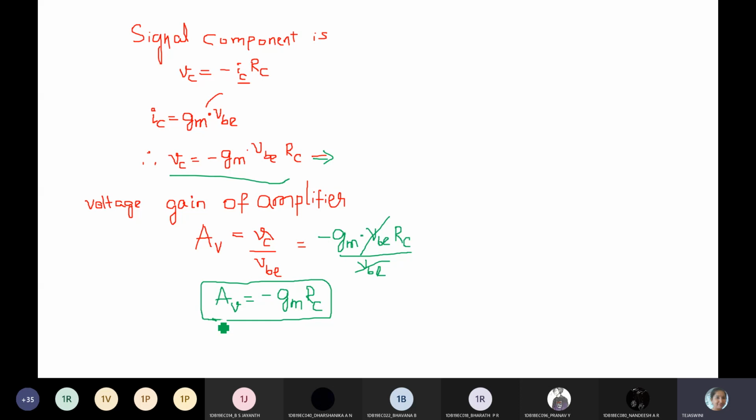We have an alternate formula also. How to get the alternate formula for AV in terms of IC? GM is equal to IC by VT.